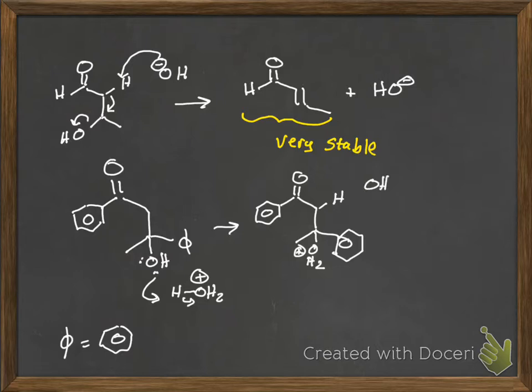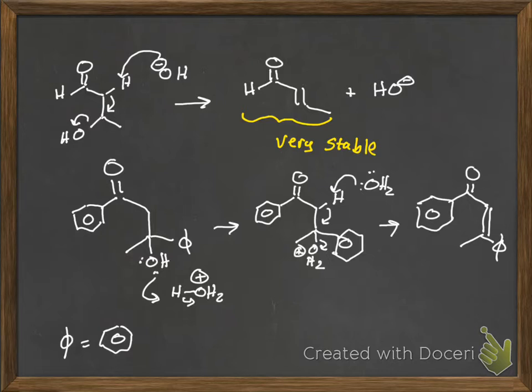Then water deprotonates and you wind up with your aldol condensate. You ever notice how I'm always running out of room? Now this one is especially stable because it can also push electrons through that aromatic ring. More on that next chapter.